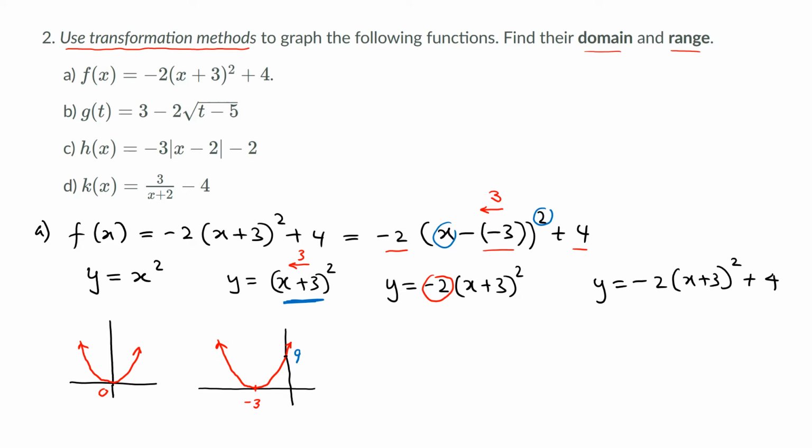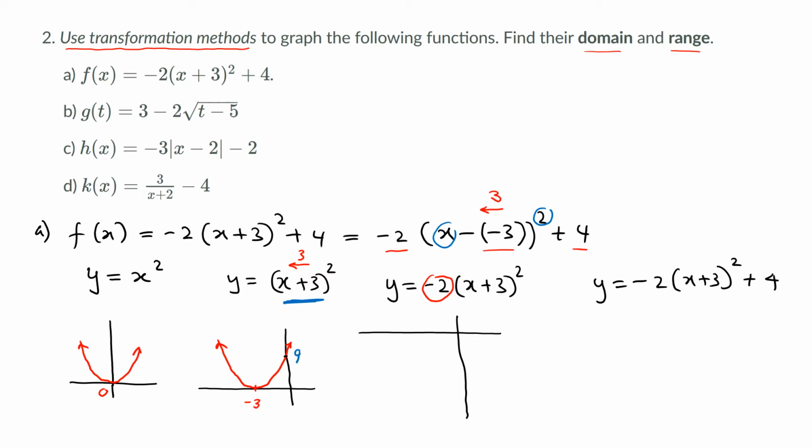But now in the next one, since you multiply by negative 2, this 9 becomes negative 18, because the negative sign flips it and the 2 scales it. You just multiply the two numbers, 9 and negative 2, so you get negative 18. So that's where the graph is going to go, and it also flips the graph. And then the next graph, I'm going to graph it like that.